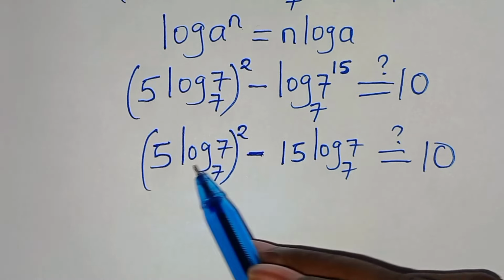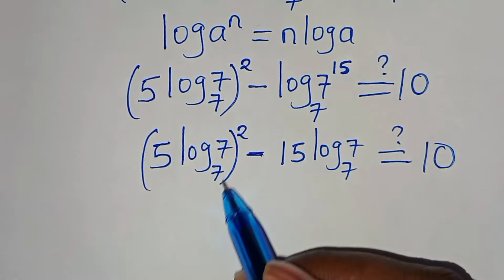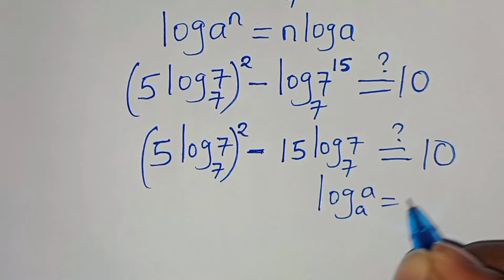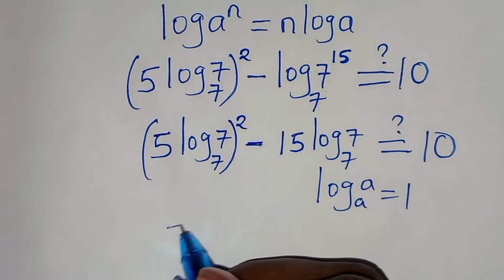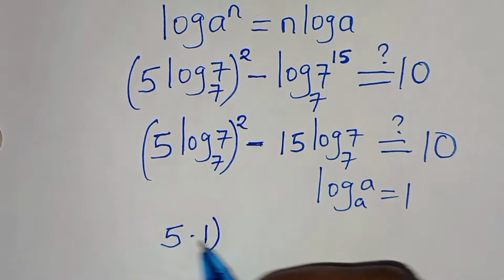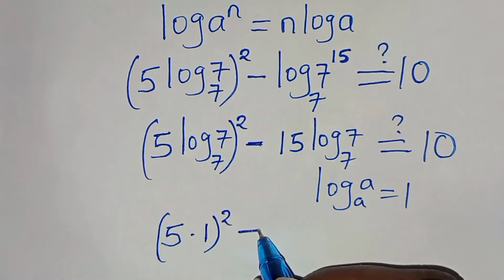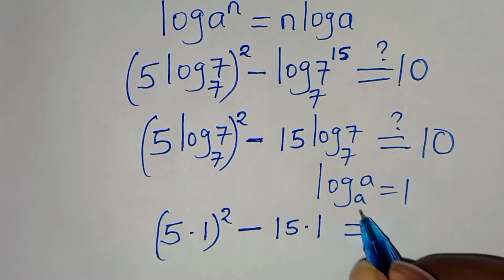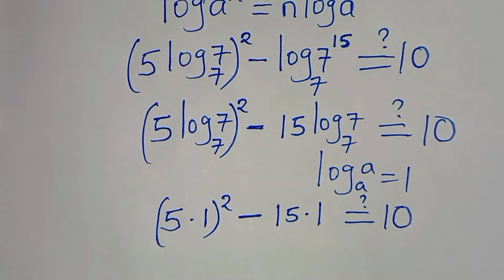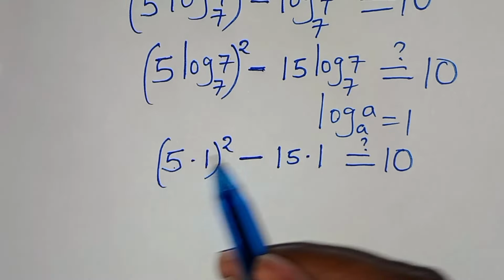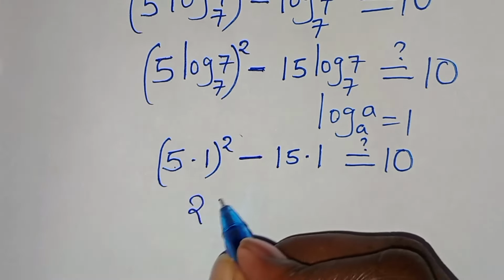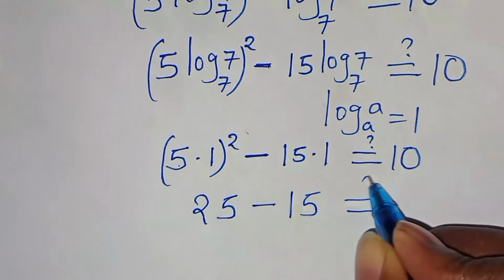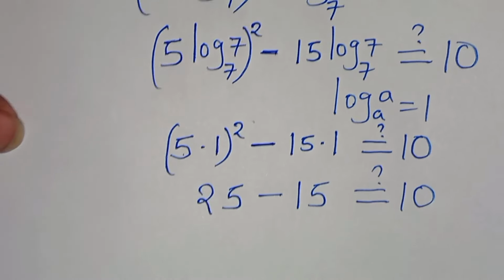So this implies that from here we have log 7 to base 7. This is the same thing as log a to base a, this is equal to 1. So here we have 5 times 1 raised to the power of 2. Subtract here, we have 15 multiplying by 1. This is supposed to give us a value of 10. So this is 5 squared, this is 25. Subtract 15. This should give us a value of 10.